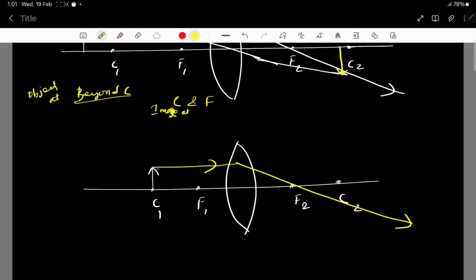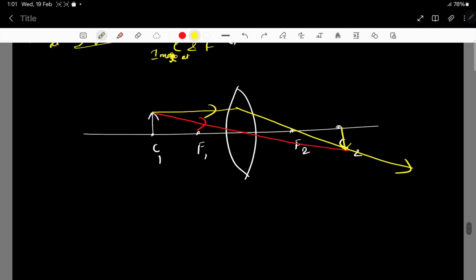I can consider one more light ray, approaching our convex lens in this way. It tries to pass through the optical center, so its path will not get changed, it will simply go undeviated. These two light rays meet at this point, which is the center of curvature also. So obviously, if you place the object exactly at C, the image will also be formed at C, and the object size and image size are identical exactly for this case alone.